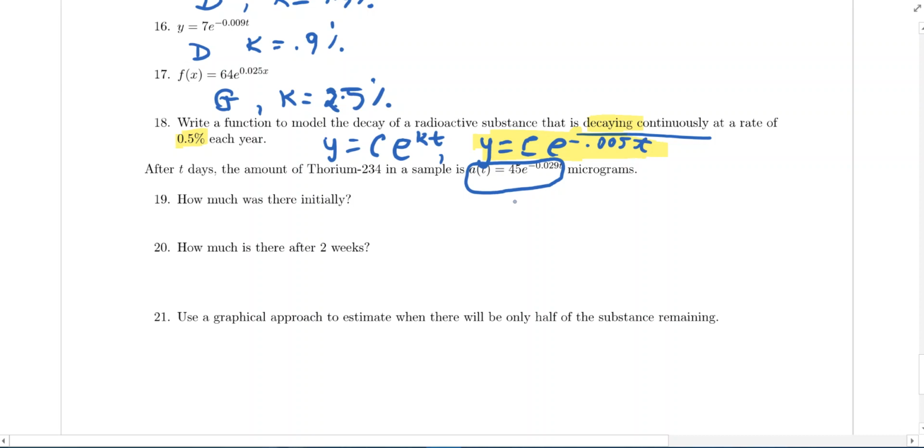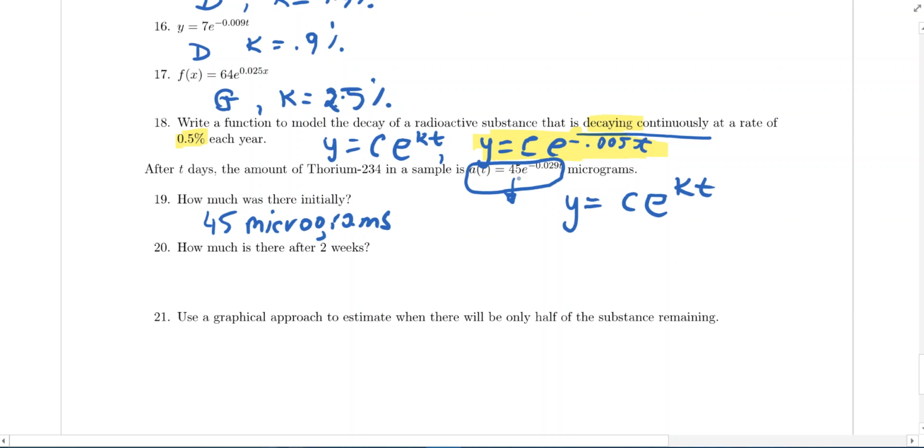Well, this is right here. I start with 45 micrograms, right? Because this is the same formula, y equals c times e to the kt. Since it's decay, k is negative, and c, the initial amount, is 45.